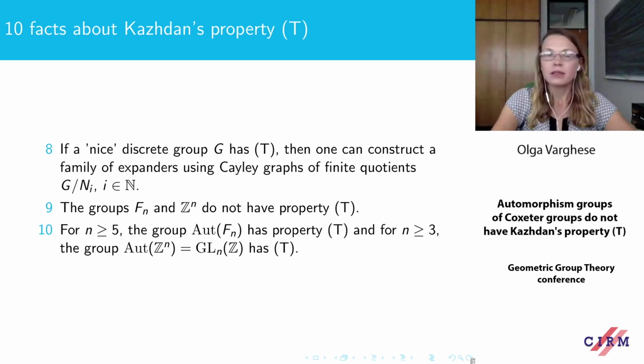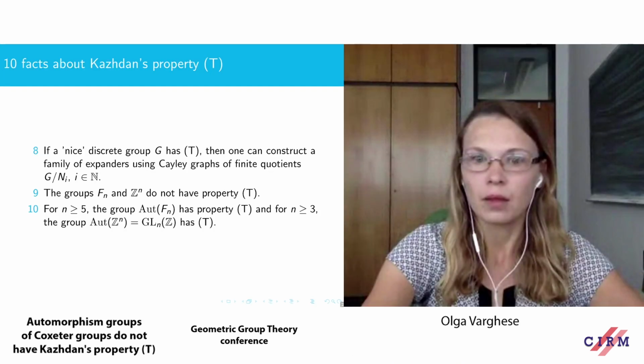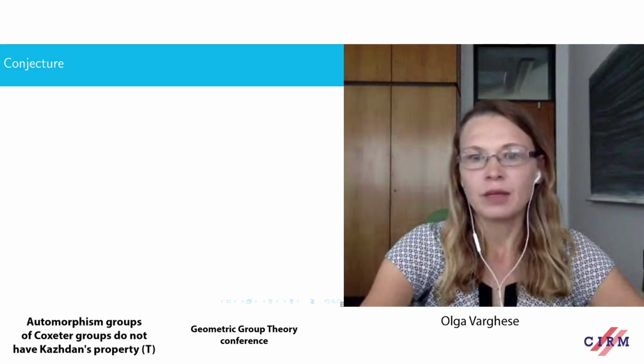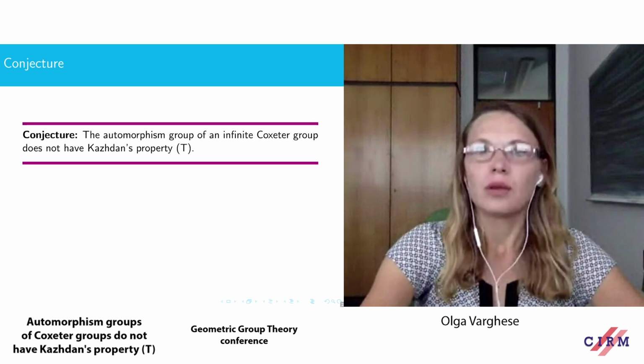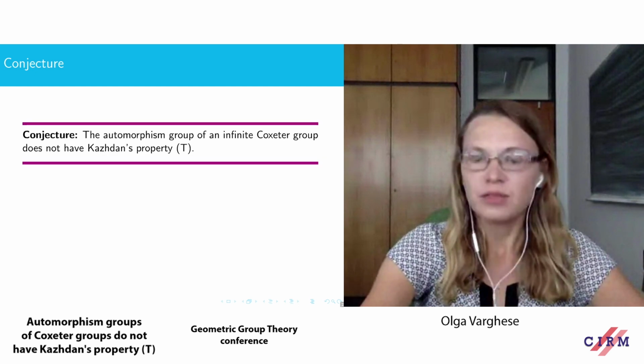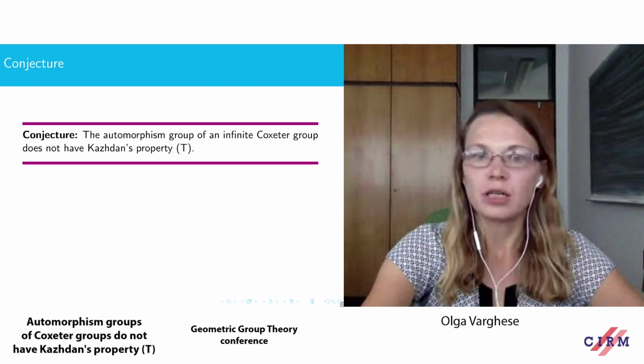They provide interesting examples and counterexamples to many conjectures. And I think it is natural to ask if the automorphism group of a nice Coxeter group has T. So we conjecture that this is not the case. The automorphism group of an infinite Coxeter group does not have Kazhdan's property T.